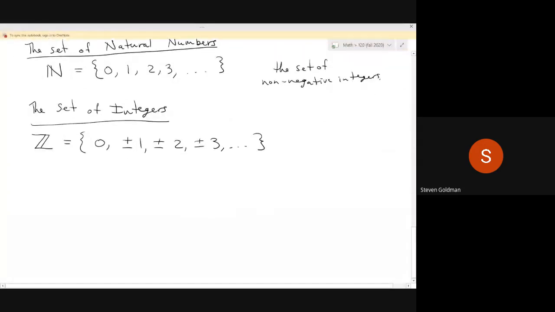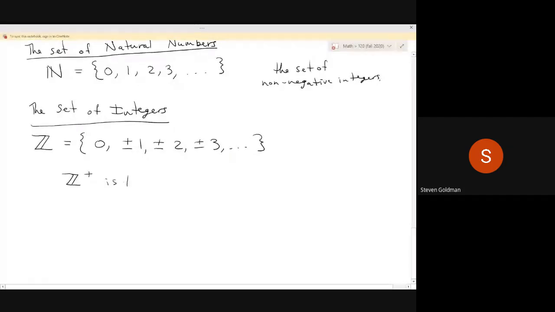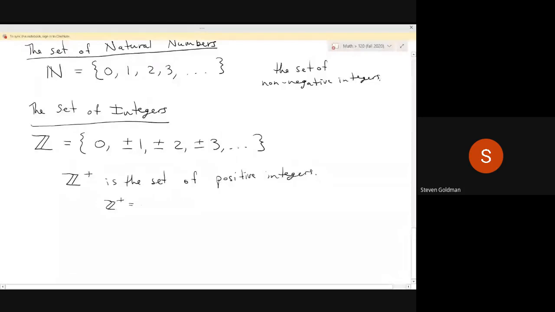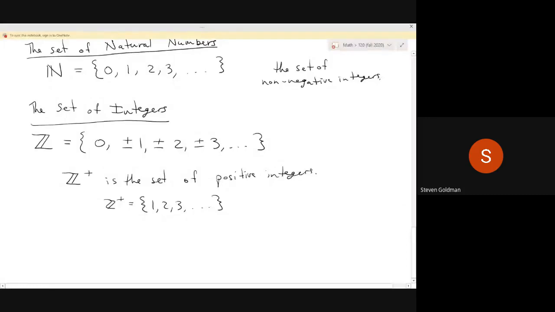If I want to refer to only the positive integers, I write it as Z plus. Anytime I put a plus, it means only the positive ones. Z plus is the positive integers, so that would be 1, 2, 3, 4, 5, etc. It's convenient to have the natural numbers include 0. This way I have a symbol for the natural numbers, and I have Z plus to represent the positive integers, so I can distinguish between the two, depending on whether or not I want 0 to be in the set.